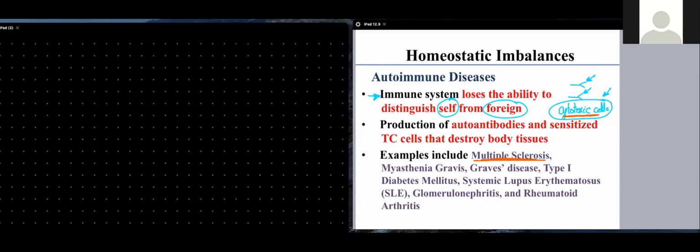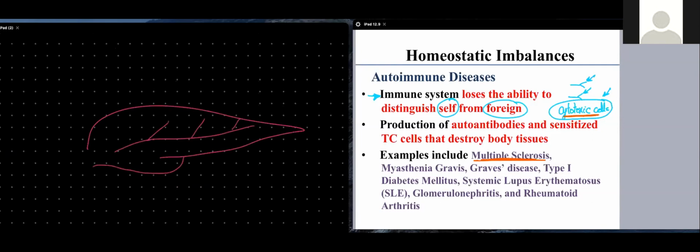Type 1 diabetes. In type 1 diabetes, my problem is that I am attacking the Langerhans cells. And remember, Langerhans cells are clusters of cells located in the pancreas that are responsible to release insulin.